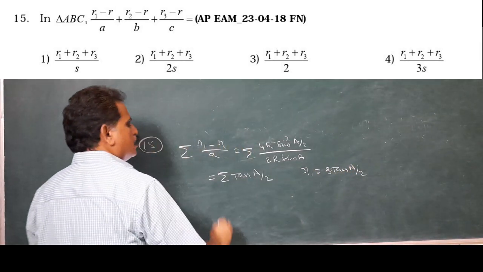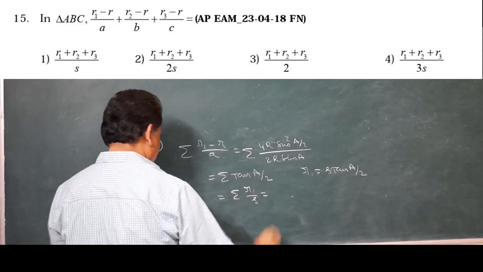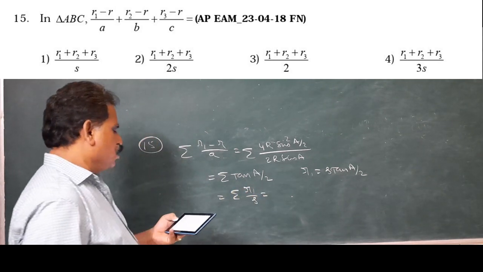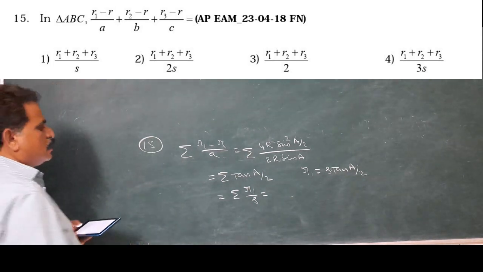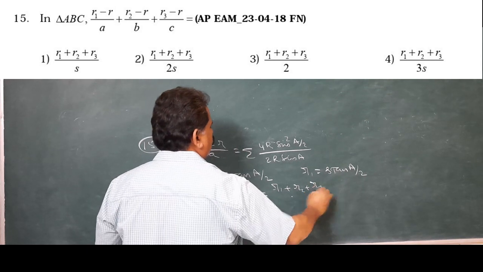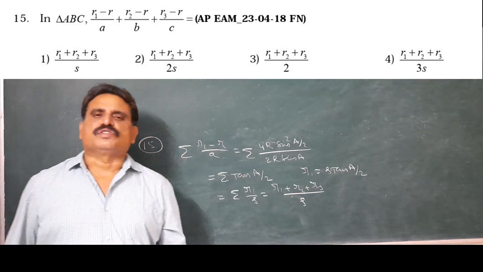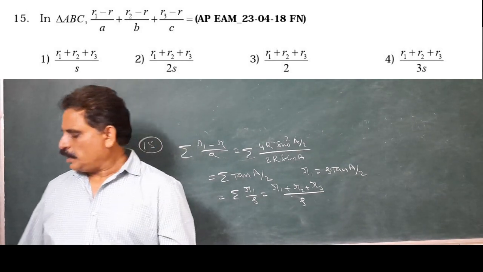So tan A by 2 is r1 by s, sigma r1 by s. If we expand this, r1 plus r2 plus r3 by s. Observe that. That is the first option. The first option is the right answer.